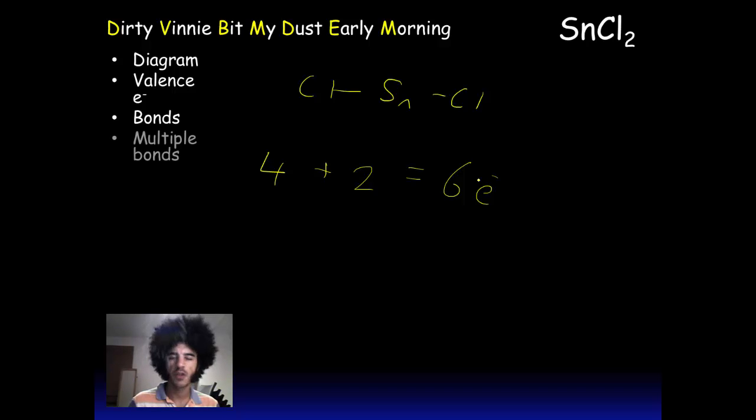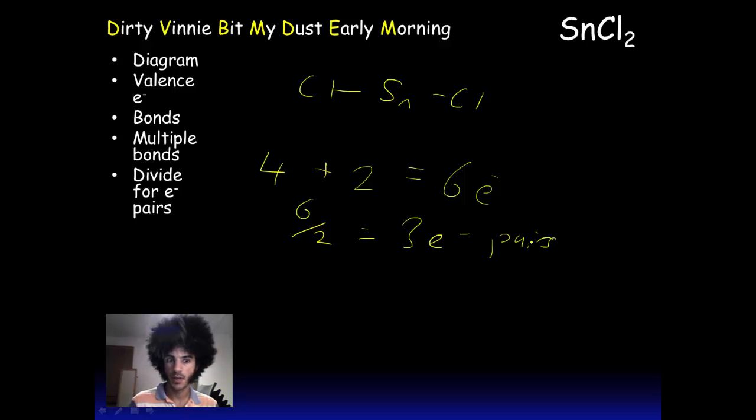My next step now is to think of multiple bonds. There are no multiple bonds from my prediction from before, so I'm going to ignore that and consider it 0. Next step is to divide for electron pairs. So it's 6 divided by 2, which equals 3 electron pairs. Now I need to do the E for early and the M for morning. Now for early, it's electron geometry.